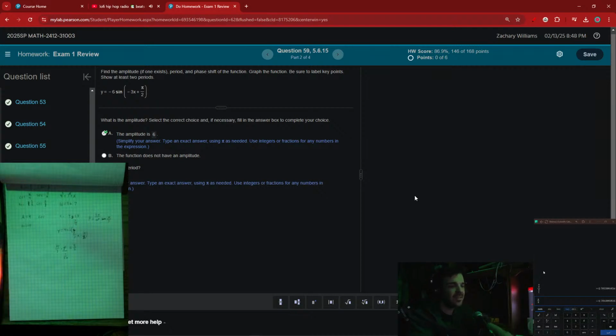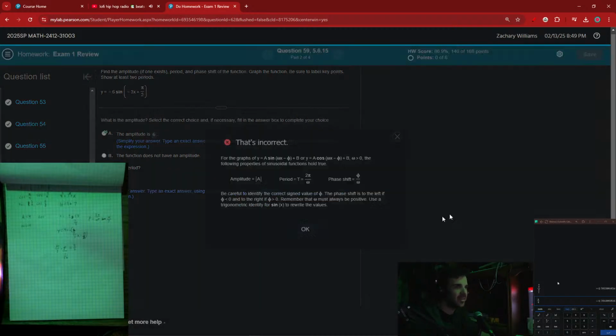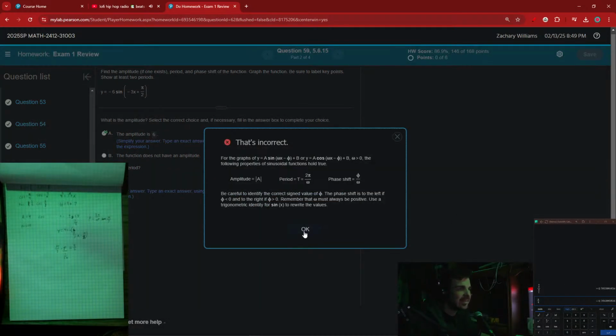Period is 2 pi over 3. It's negative. I don't know what that means, but I'm gonna try it. Phase shift is to the left.